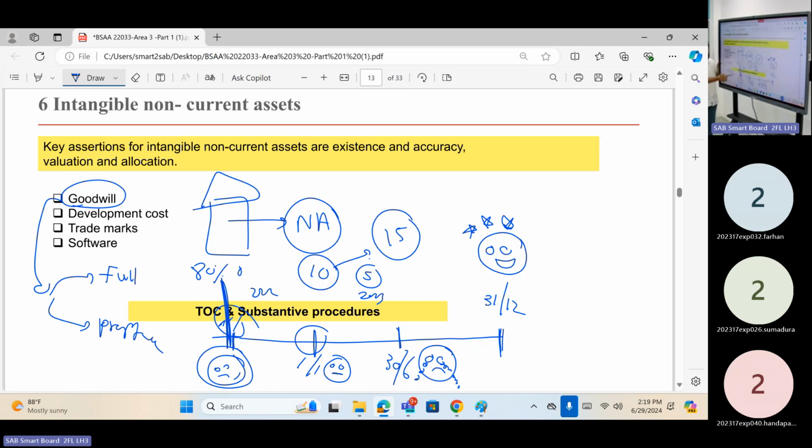So at the point of acquisition of the control, you have to calculate the goodwill. Here you have to calculate, as at this date, the net assets of the company and the consideration.